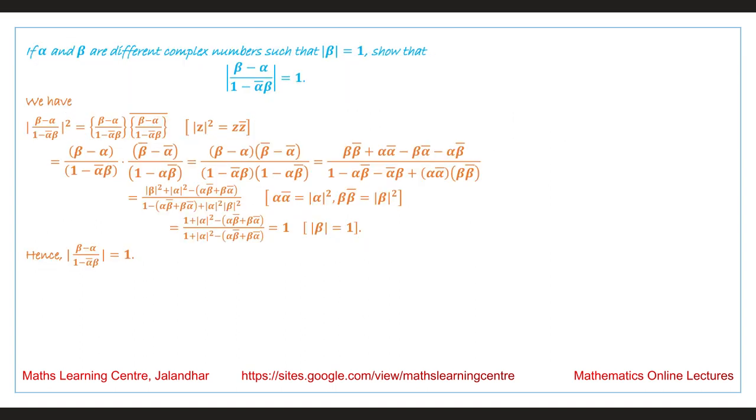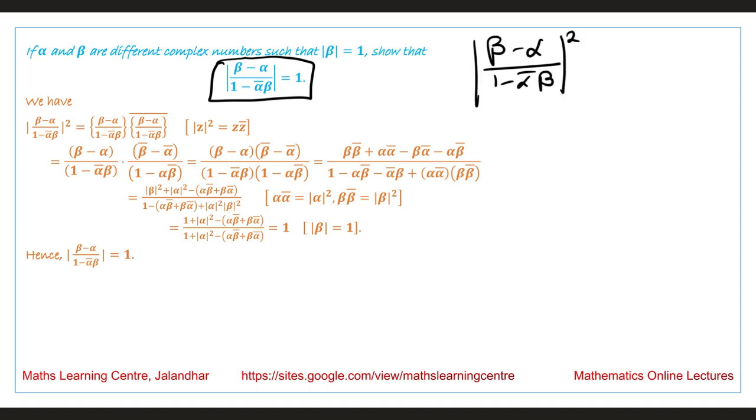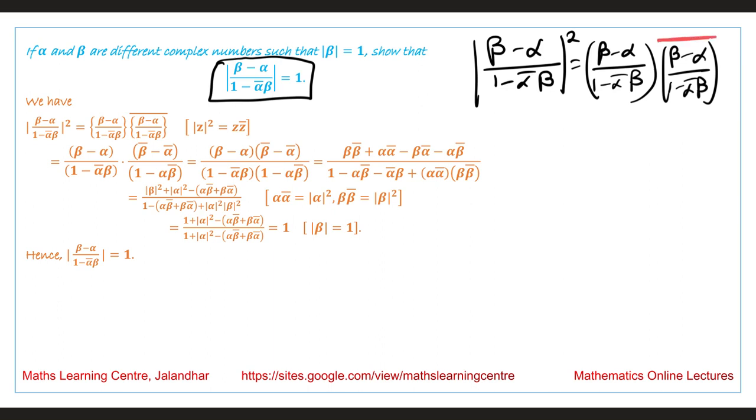Next is, if alpha and beta are different complex numbers such that mod of beta is equal to 1, we have to show this result. So to evaluate this value, we start with beta minus alpha over 1 minus alpha bar beta, whole square, and we know that this is equal to (beta minus alpha over 1 minus alpha bar beta) into its conjugate.